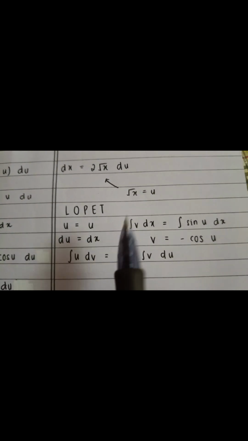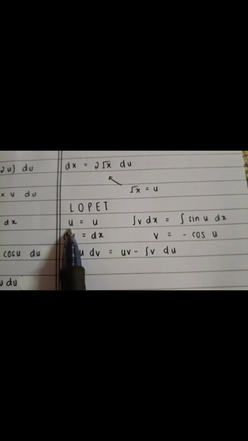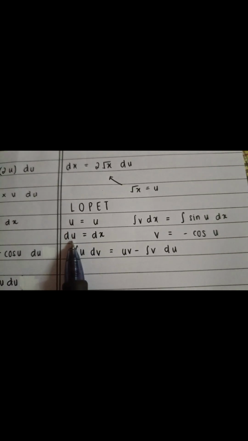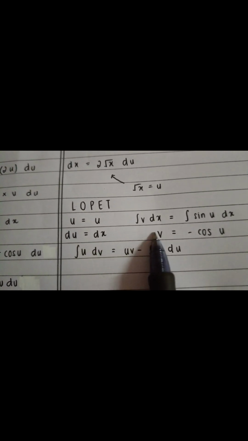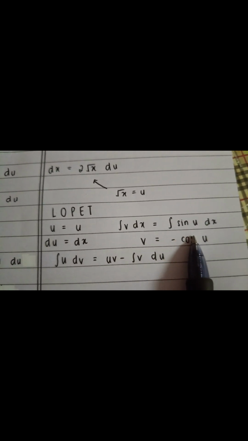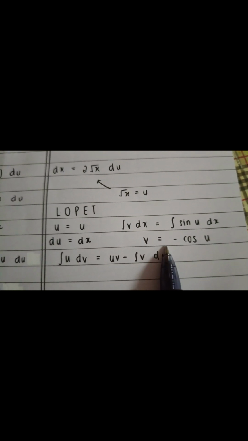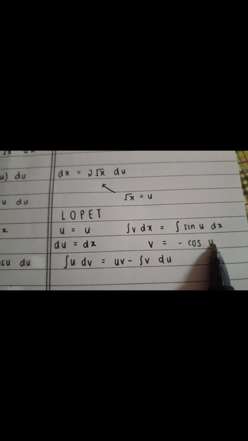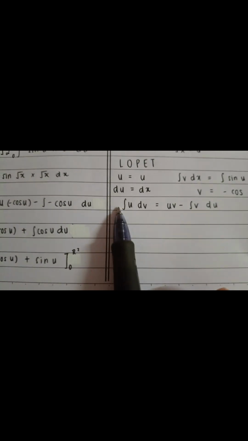So now we're moving here for the substitution. u is equal to u, so du is equal to dx, and then this integral v dx will be integral sin u dx, and you will get negative cos u. And this is the formula, where we will be substituting into our original equation.